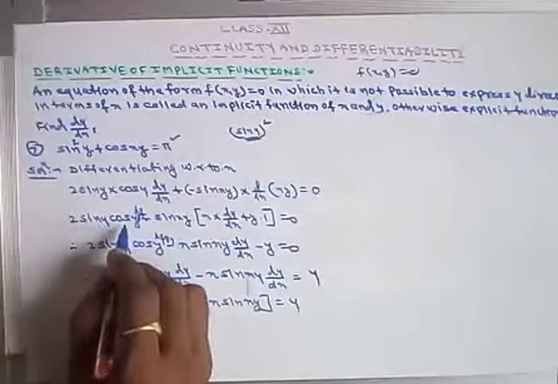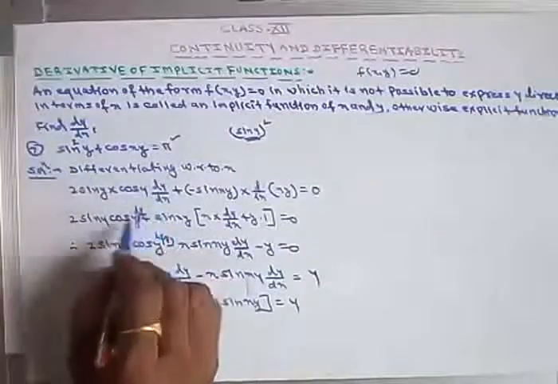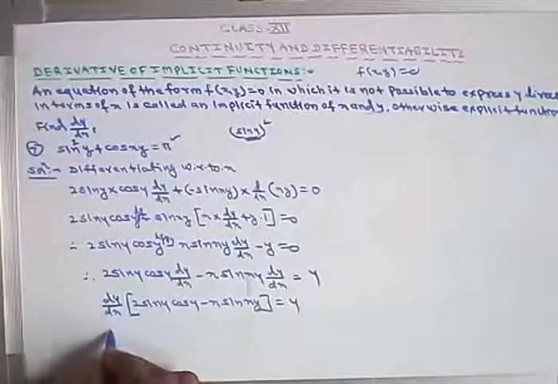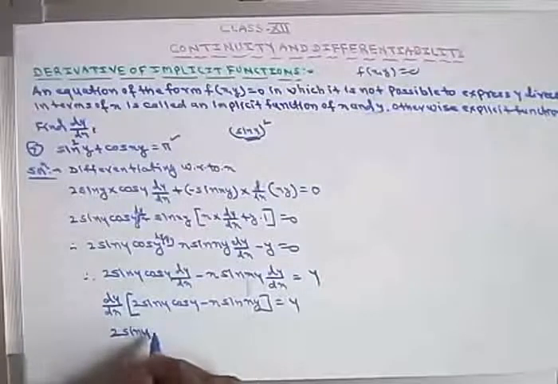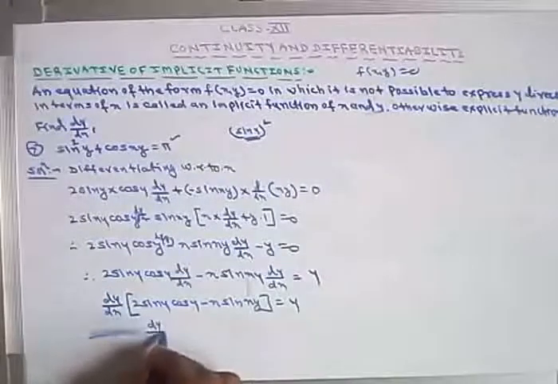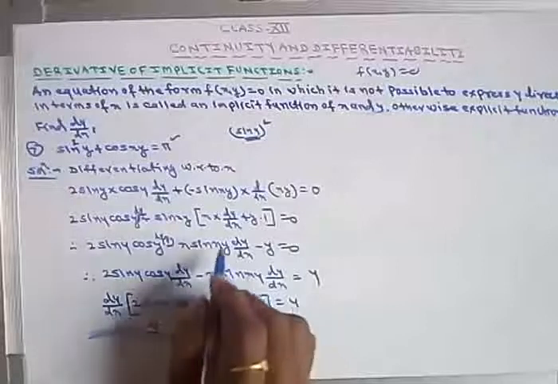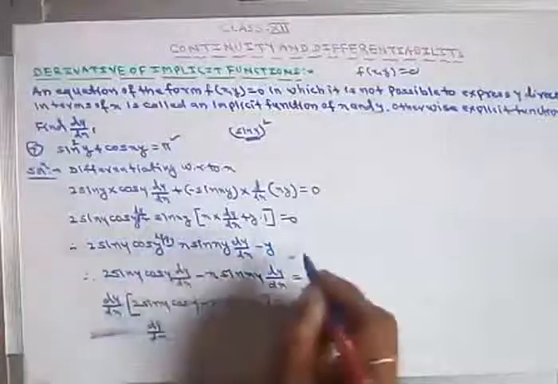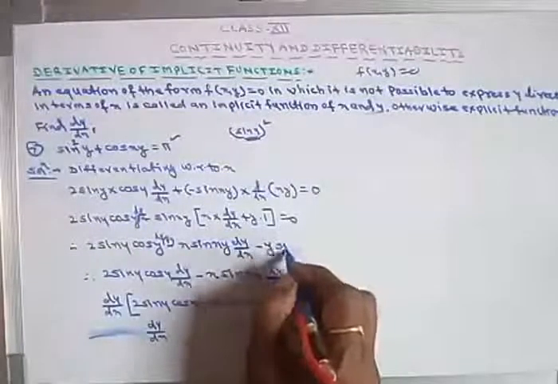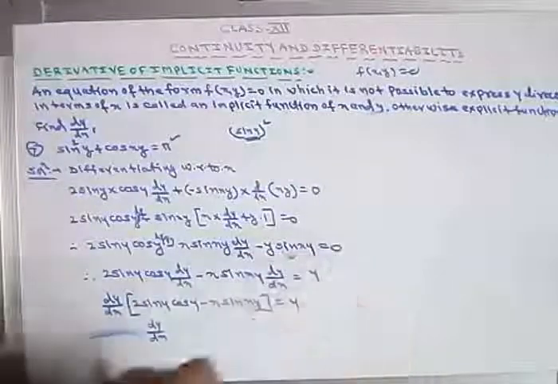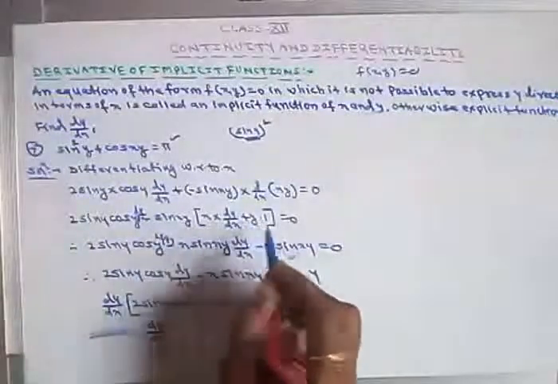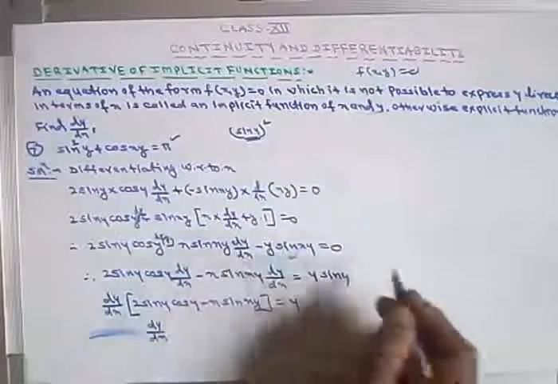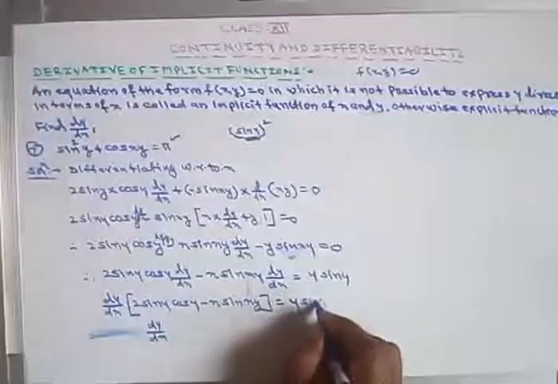Therefore dy by dx, is any term left over here? Sorry, this will be, y into this minus y into sin xy, so will be 0. Sin xy into this one y, so that will be y sin y to the right hand side. So this will be y sin y.